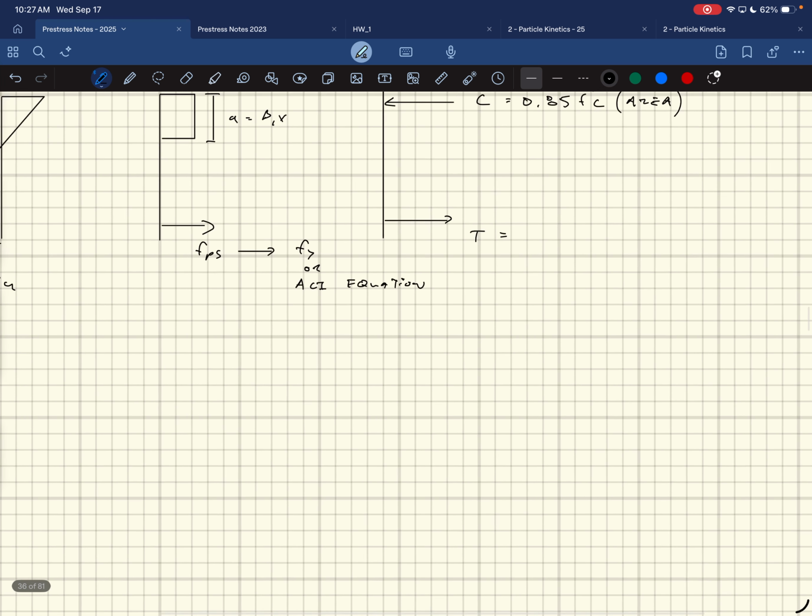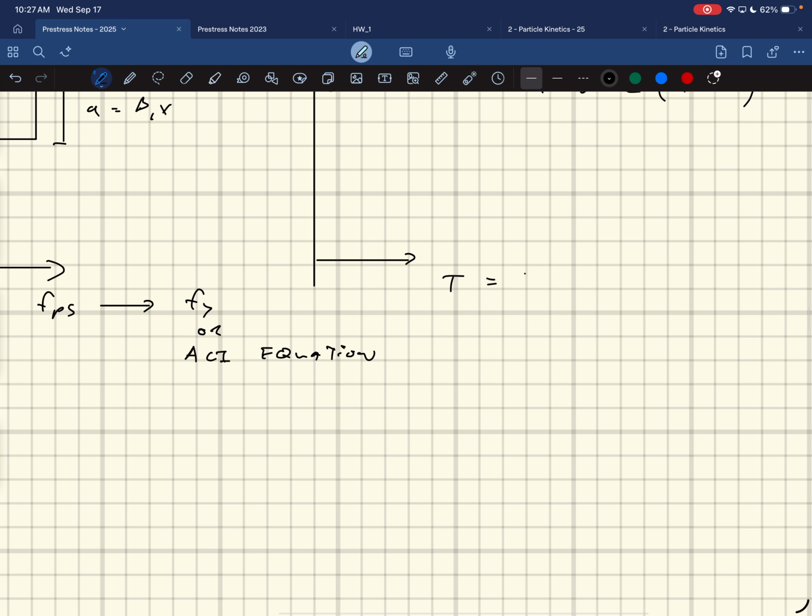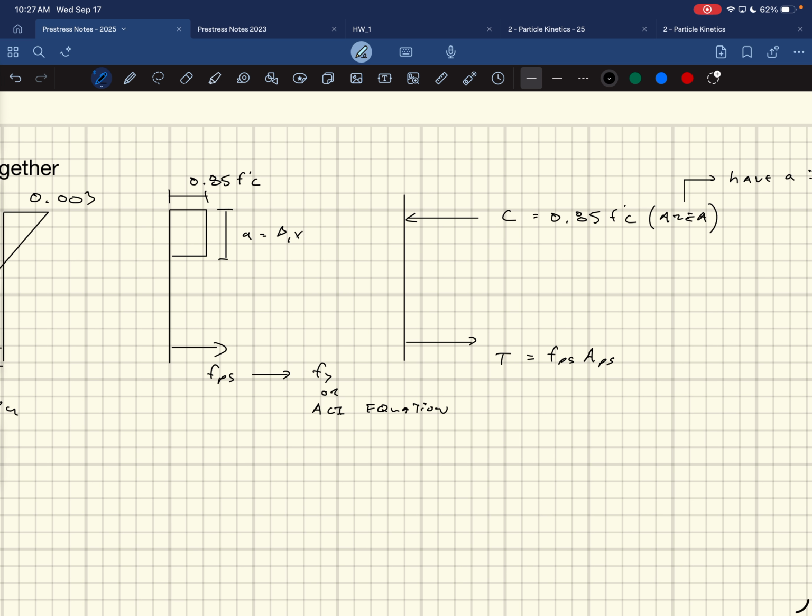And this T down here is just going to be FPS times the area of the pre-stressing. The reason I say area is if it's a rectangle, it's B times D. But if it's an I-beam, it's the area over which it acts. If it's a triangle, it's the area over which it acts.